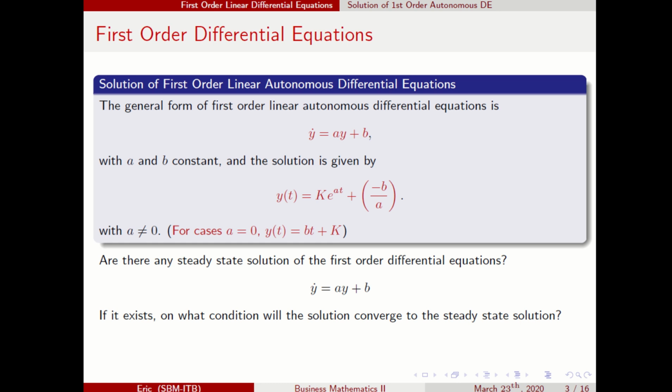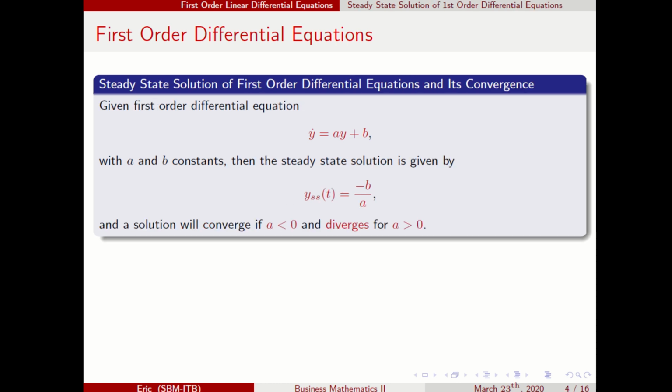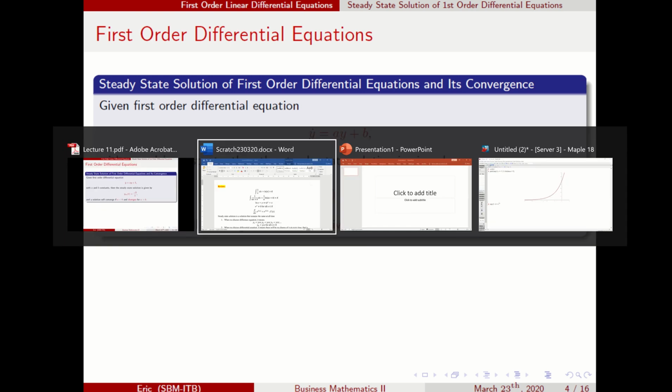And the answer is yes, there is a steady state solution. The steady state solution is given by minus b divided by a if a is not 0. And it will converge if a is less than 0 and diverge if a is greater than 0. How is that?